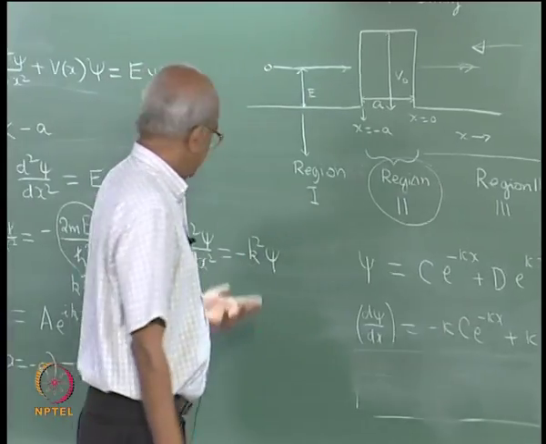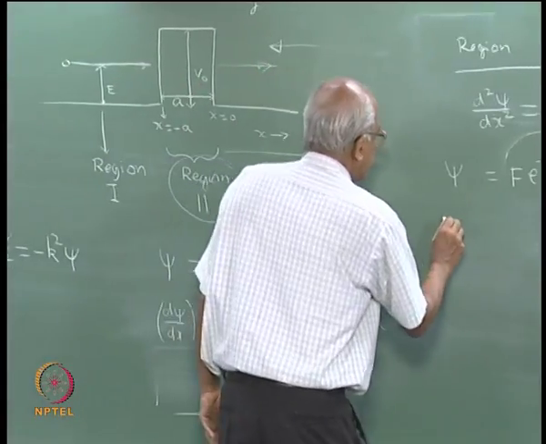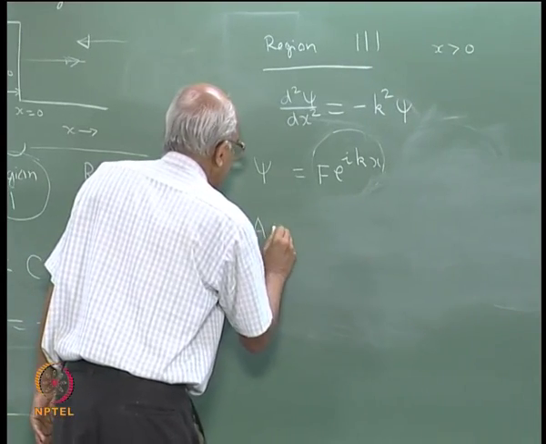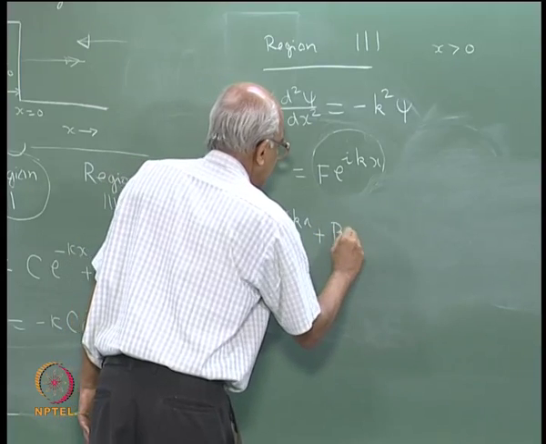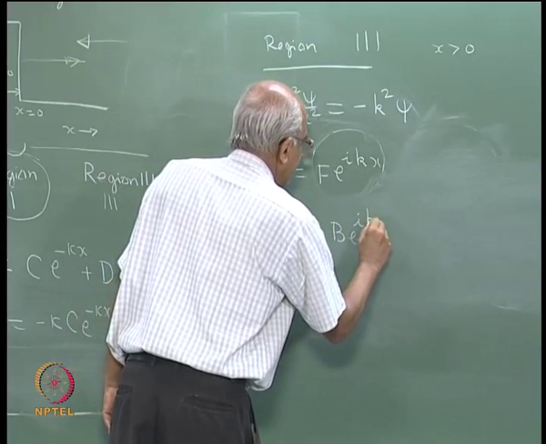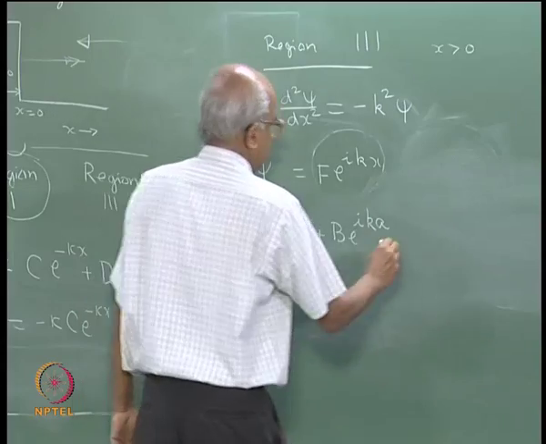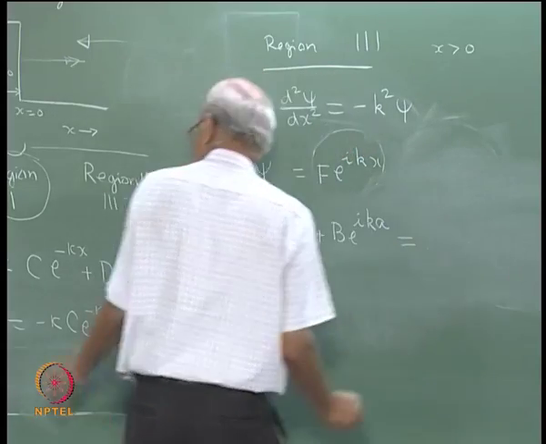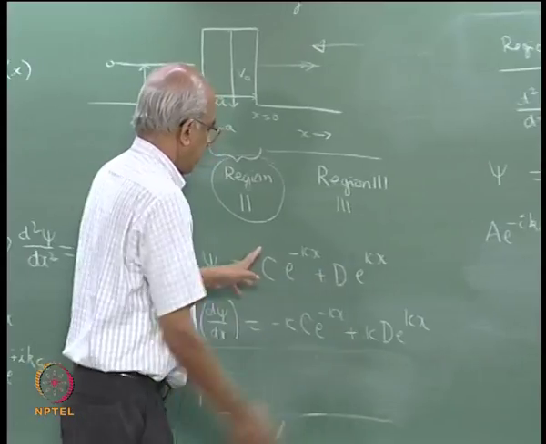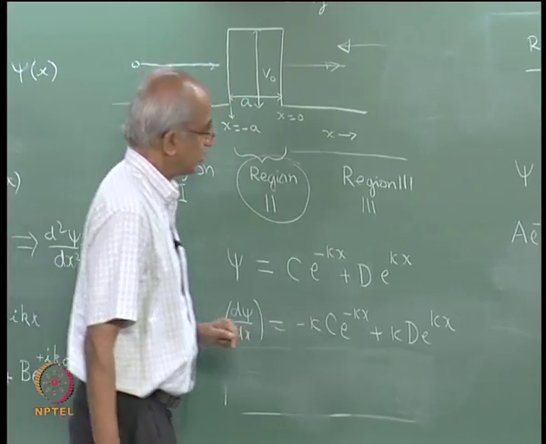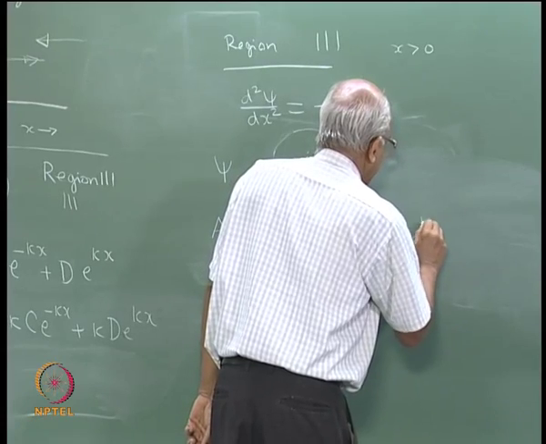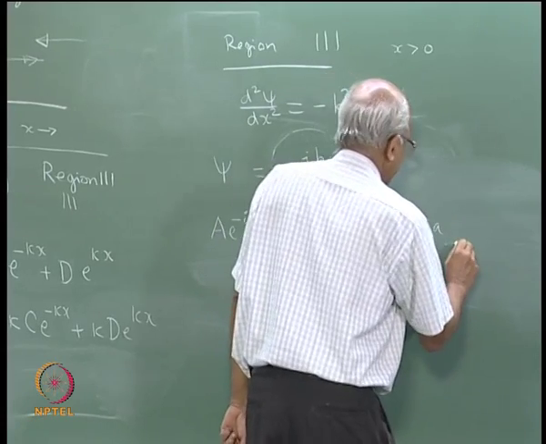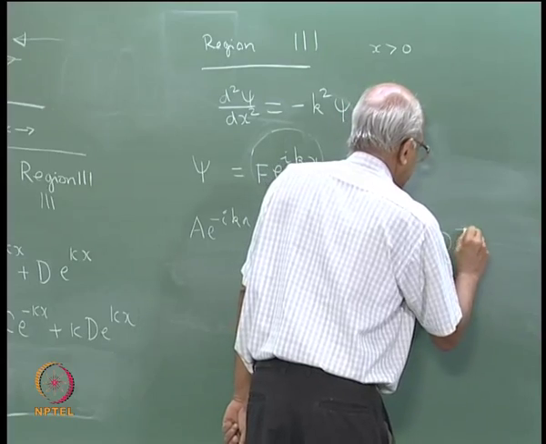So I have a e to the power of minus ika plus b e to the power of ika is equal to c e to the power of kappa a plus d e to the power of minus kappa a.